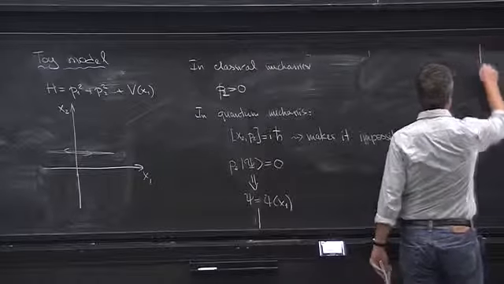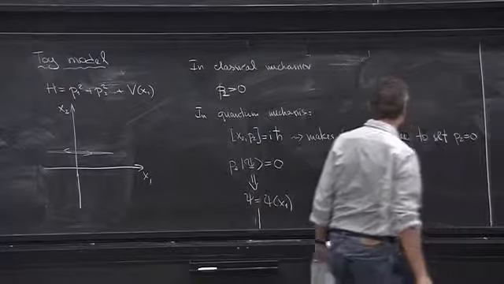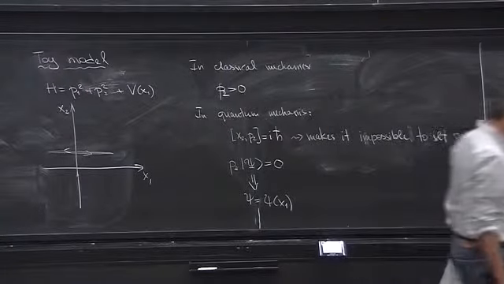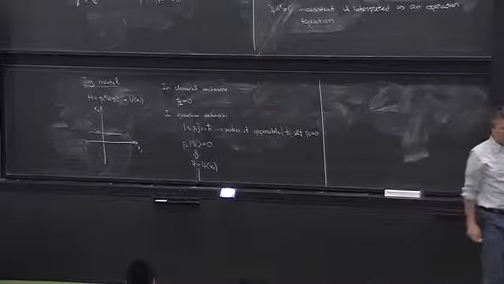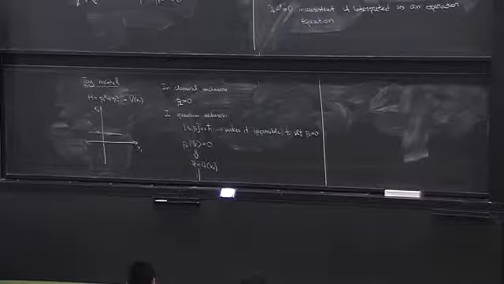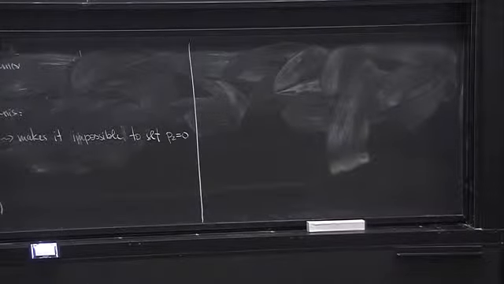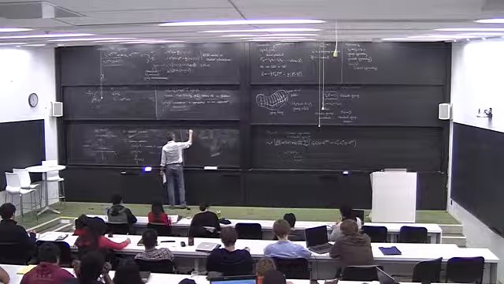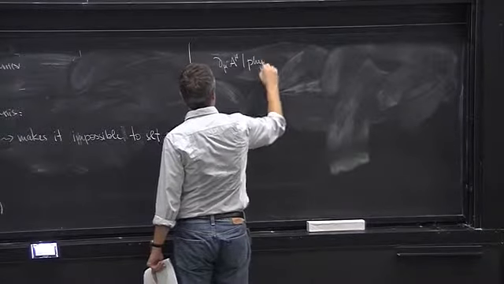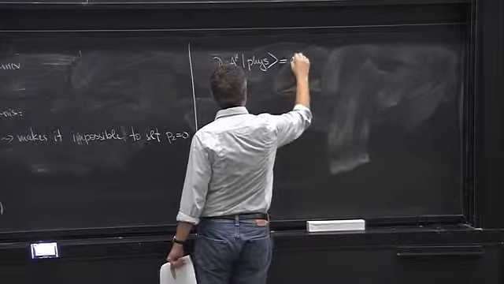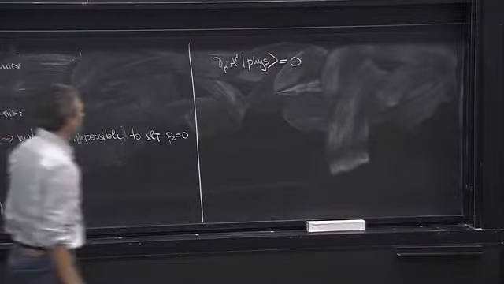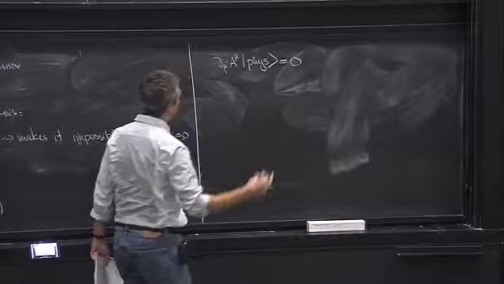So returning back to electrodynamics, this suggests that the gauge condition should not be imposed as a condition on A_μ, but should rather be imposed as a condition on states. So we pick our physical states by saying that the physical states are those that are annihilated by the Lorentz gauge condition.